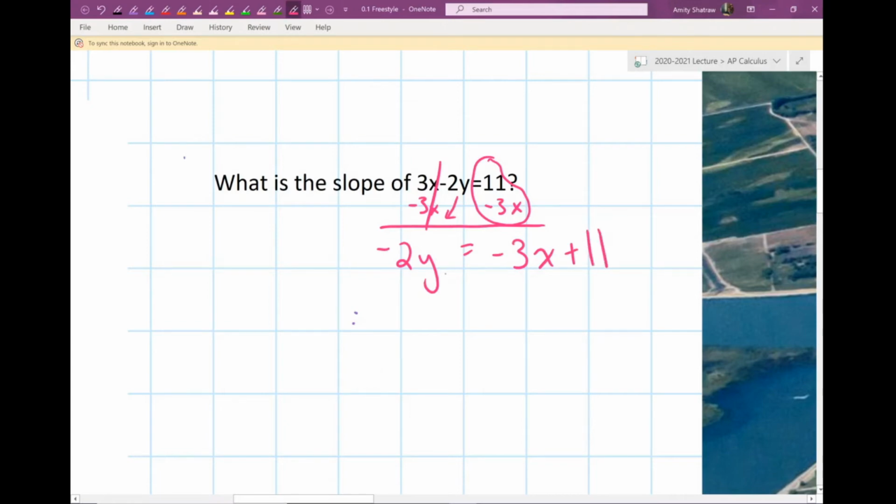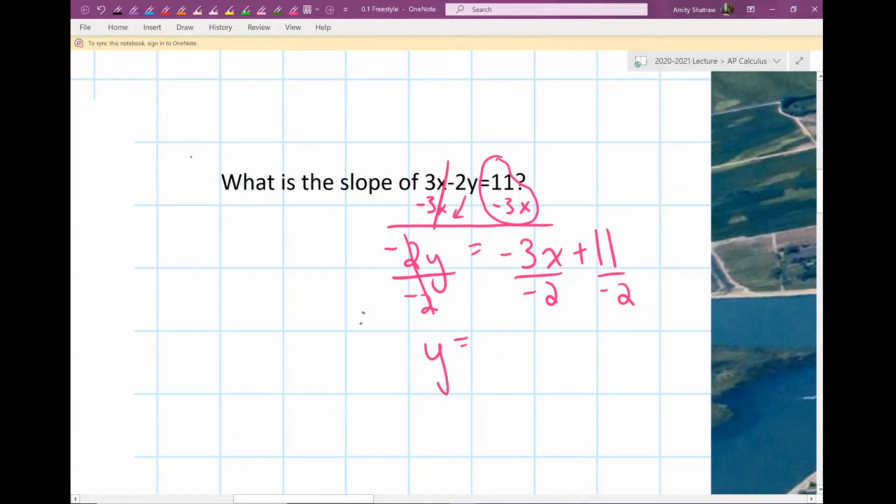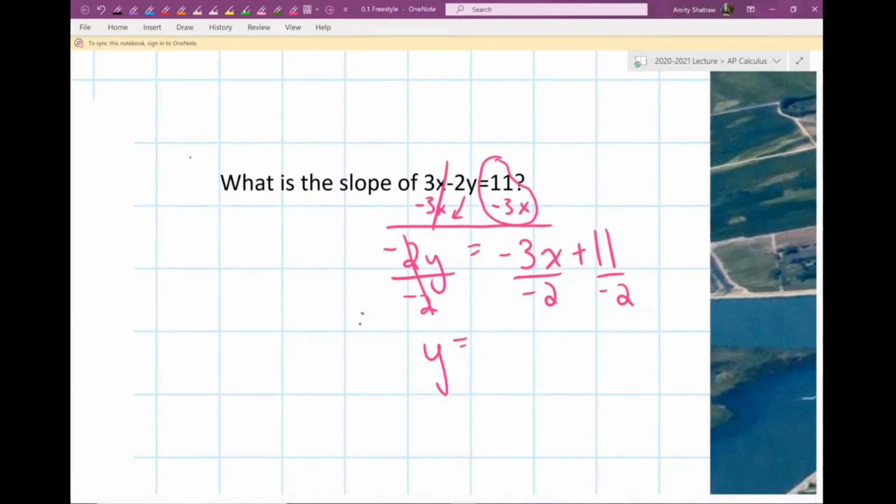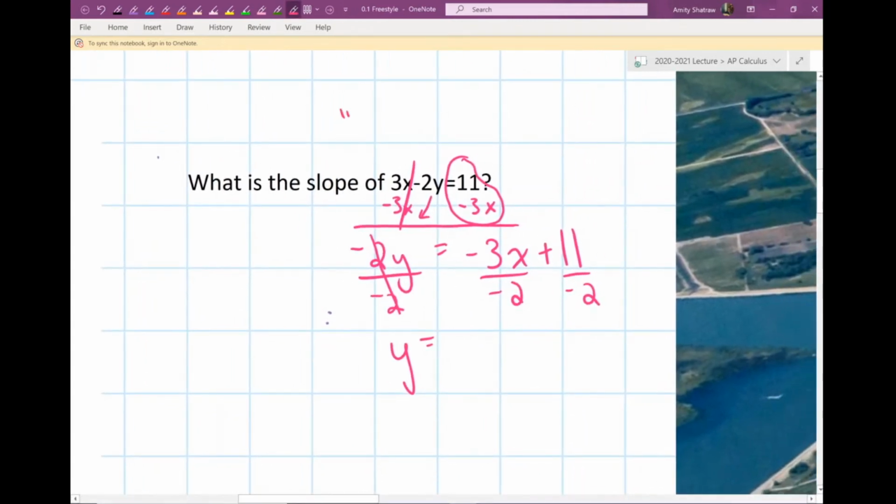This does feel familiar. Okay, I'm going to divide by negative 2. I'm going to divide by negative 2. Is this starting to come back to your mind? Your teachers might have called this solving for y.